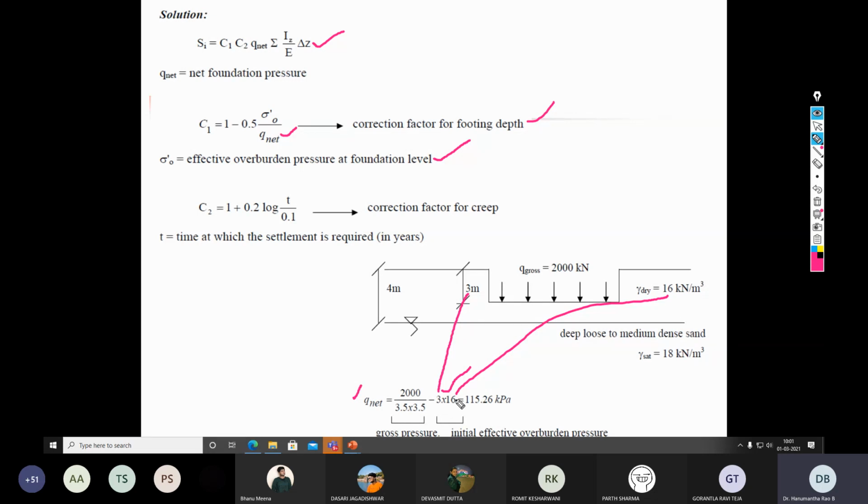So this is nothing but overburden pressure. So 2000 divided by 3.5 squared, minus 3 into 16. What we will get is q net as 115.26 kilopascals. Sigma naught is effective overburden pressure at foundation level, which is nothing but 3 into 16 only.